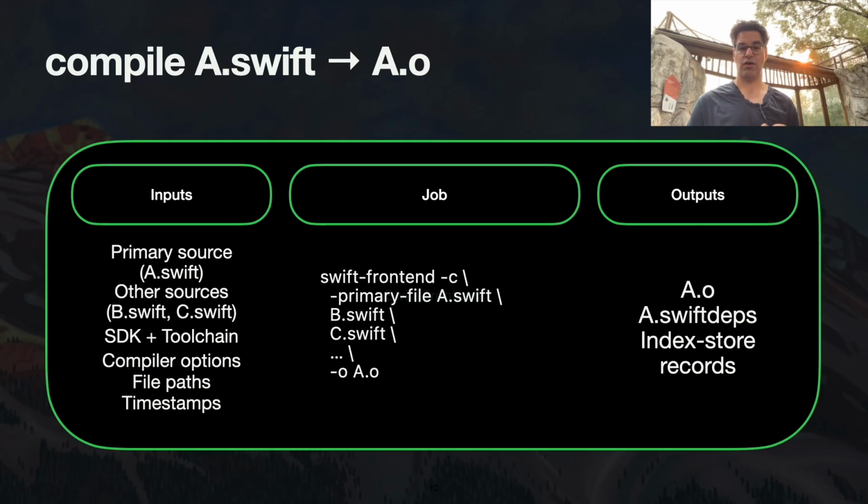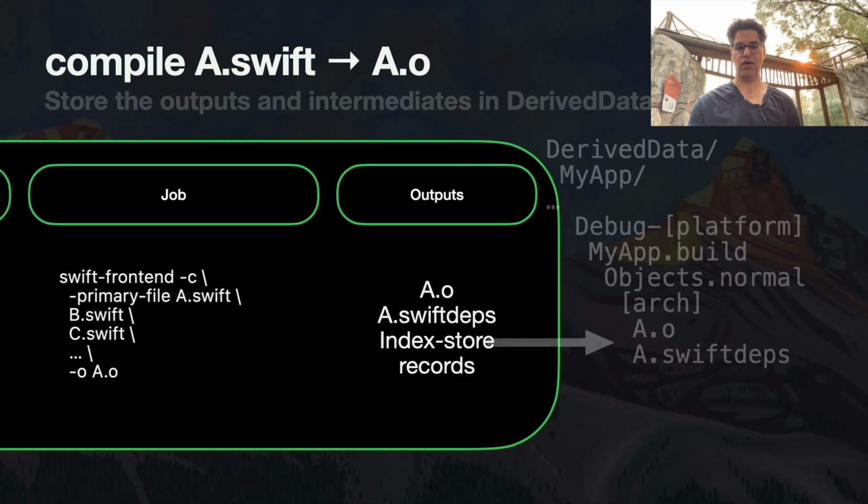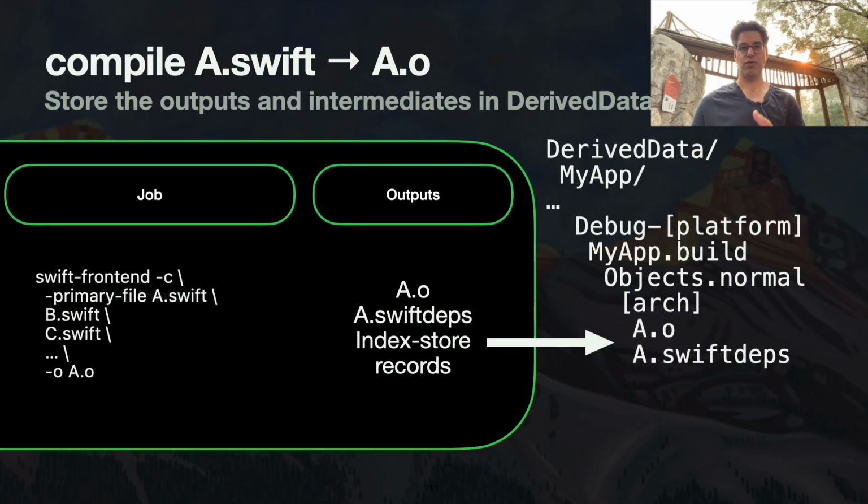So once it has all of the inputs massaged into this job, it'll send that to the front end. And the front end will actually do the job of compiling Swift down to an object file. And it will produce a set of outputs, not just the object file, also some dependency information and other outputs as well. And it'll place all of that stuff into the appropriate place in your derived data folder.